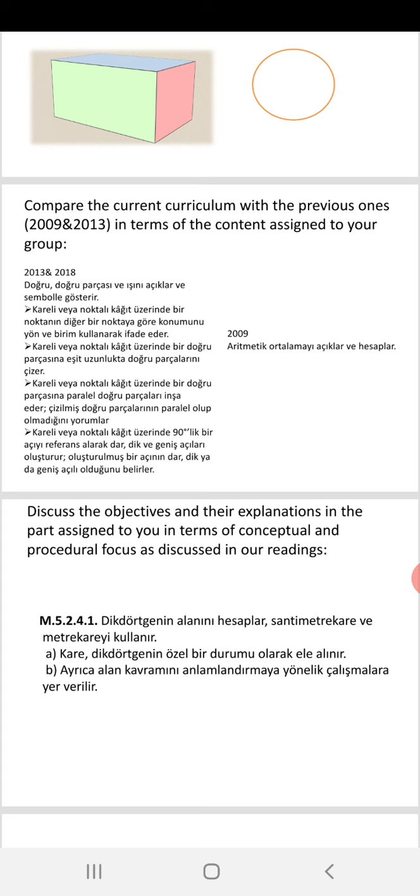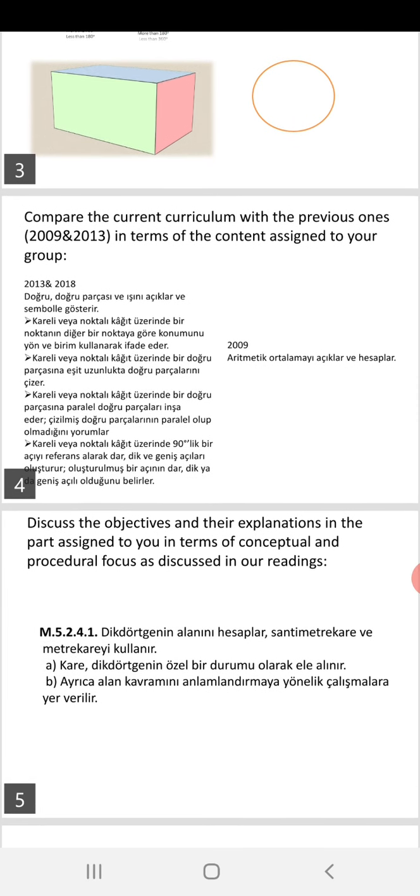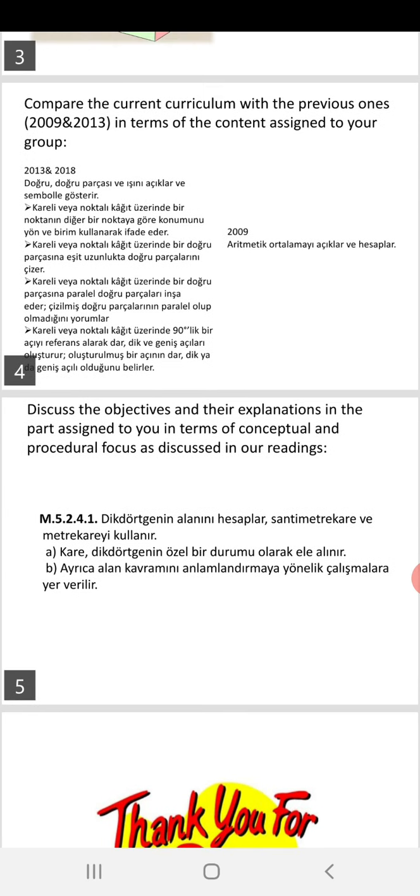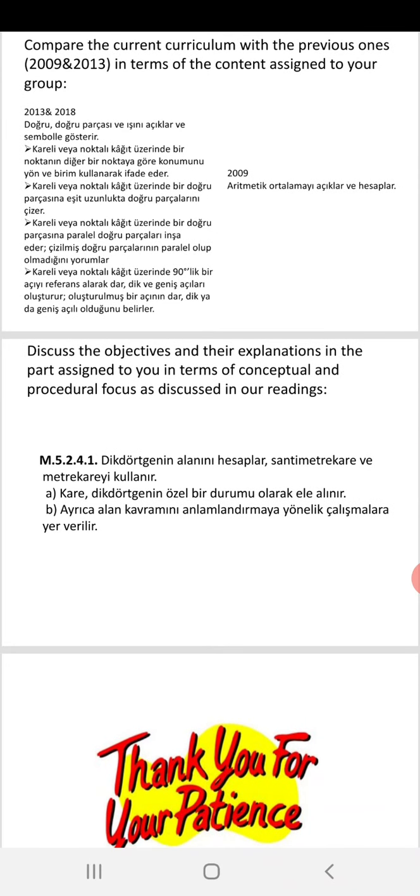I think the first curriculum focuses on computation rather than conceptual understanding compared to the last two programs. Okay, and in the last part I discuss the objectives and their explanation. In the second slide, I briefly shared what the objectives are.